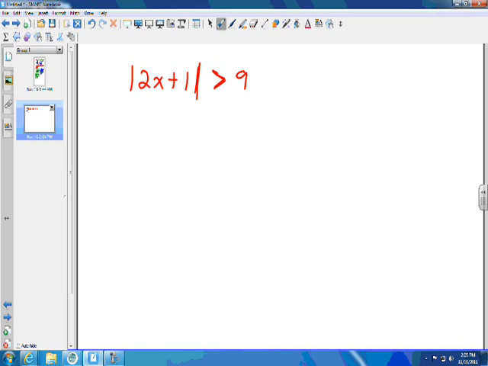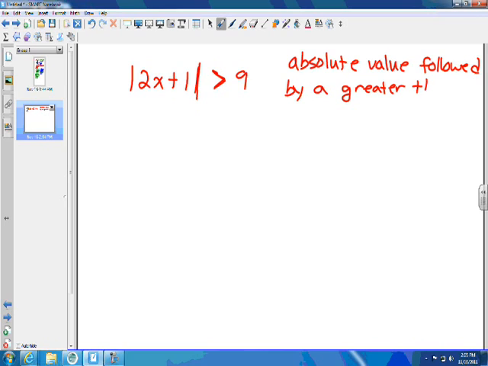So your rule for these: absolute value followed by a greater than, you write an or inequality.